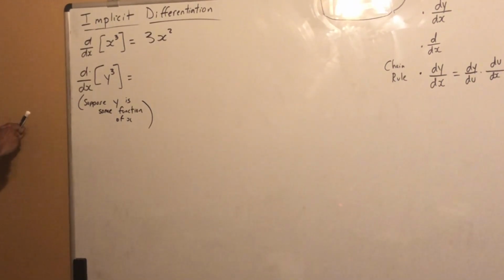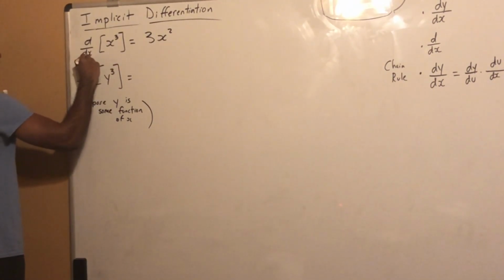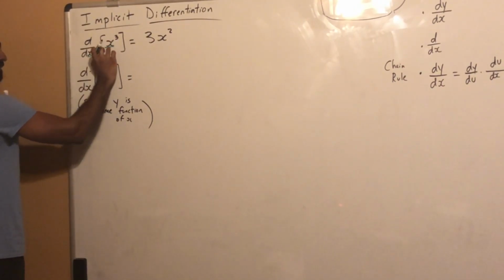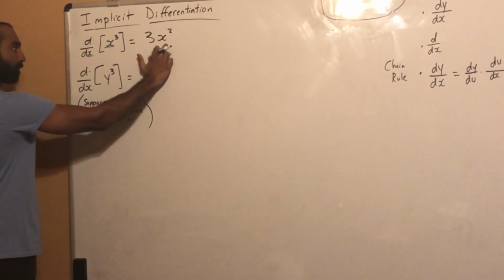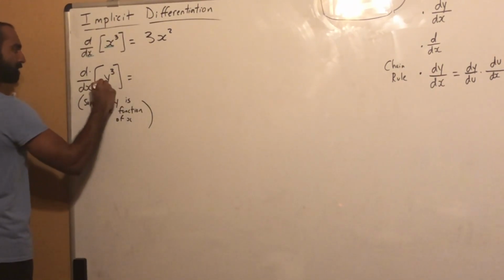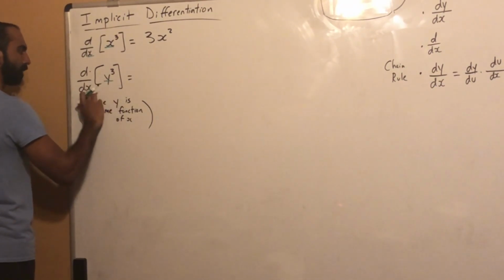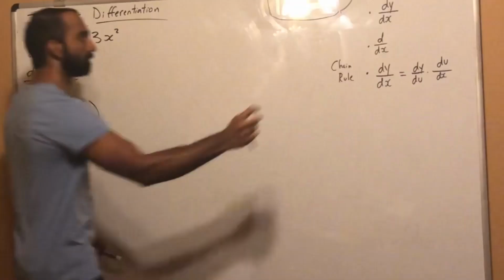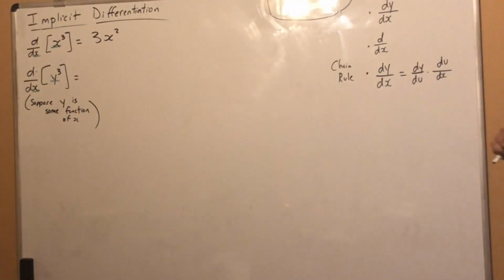So here's the issue. In the previous example, the variable that we were cubing and the variable we were differentiating with respect to matched each other. So we could just straight away apply the power rule. But in this case, our variables here and here do not match. So anytime that happens, that's a trigger to use the chain rule.